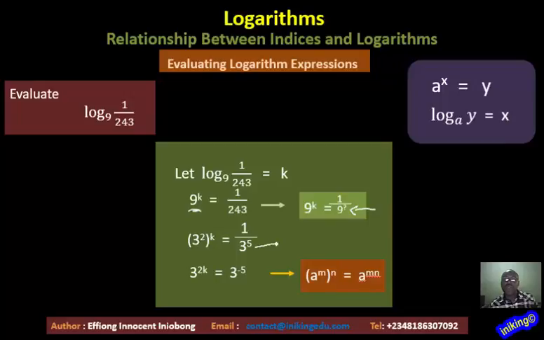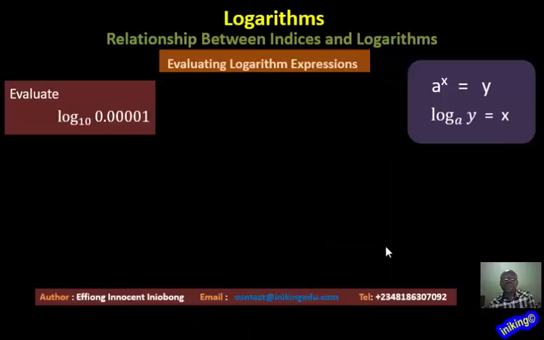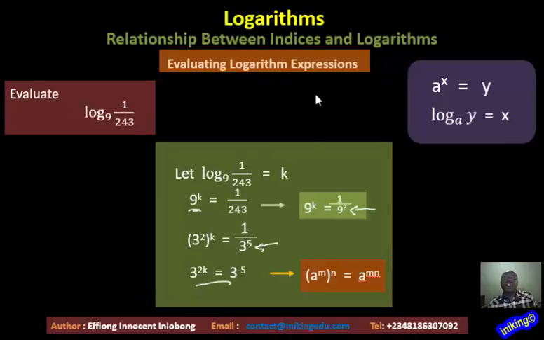So we have 3 raised to power 5 as 243, and then we'll convert 9 to 3 raised to power 2, and that takes us to this level, and then we can solve. We can finish this up as we did earlier on. Of course, we got there that our k is minus 5 all over 2.